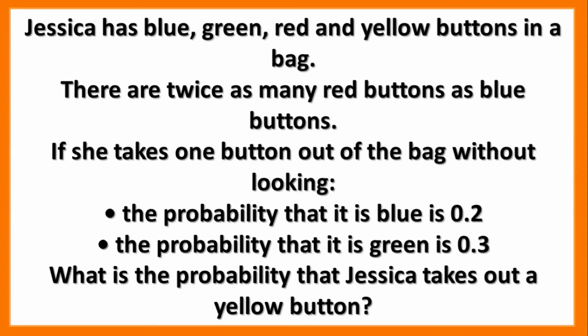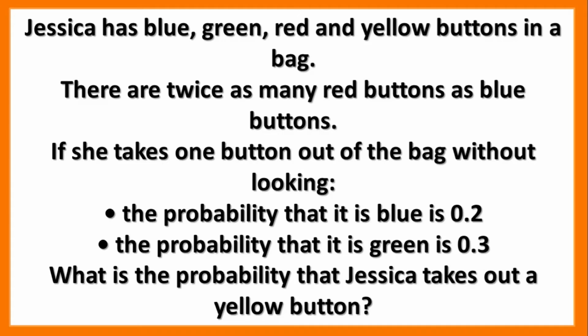The question is: Jessica has 4 colored buttons in her bag: blue, green, red and yellow. Red buttons are twice as many as blue buttons. If she takes one button out of the bag without looking, probability means expectation, chances. The chance that the button is blue is 0.2.